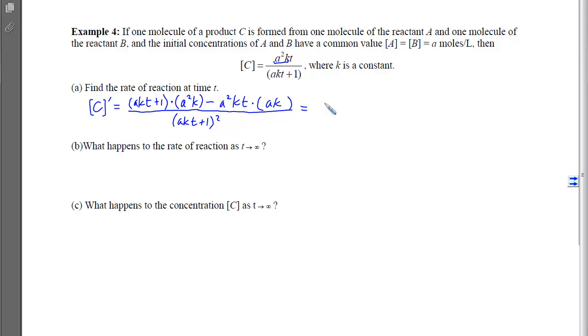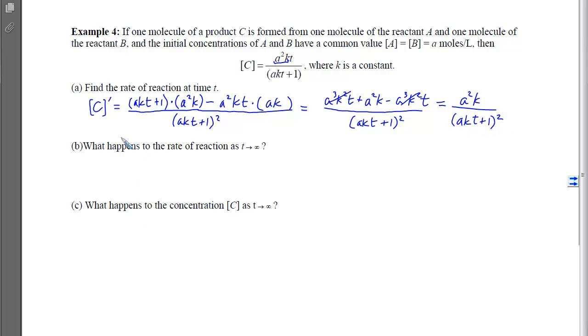If I care to simplify this, I will get an A cubed K squared T plus an A squared K minus an A cubed K squared T all over that AKT plus 1 quantity squared. Notice that these two cancel, so I'm left with just an A squared K over an AKT plus 1 quantity squared.